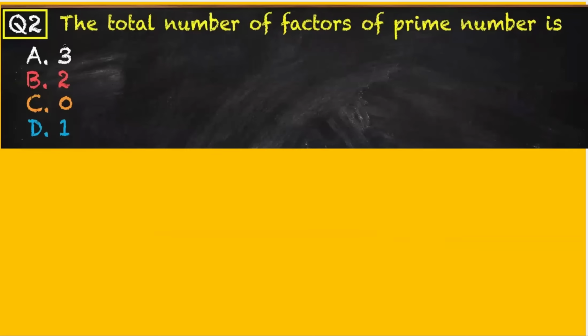So next we have the second question: the total number of factors of a prime number is. As per the definition, a prime number is a number which has 1 and itself as its factors, right?